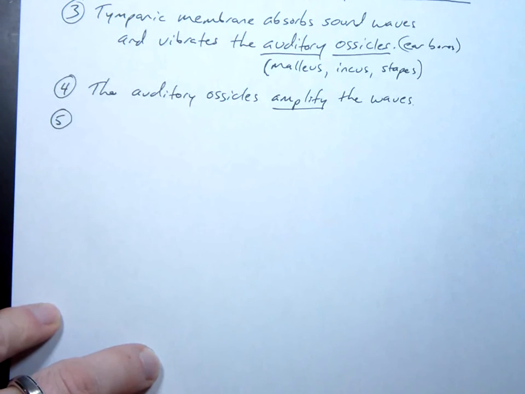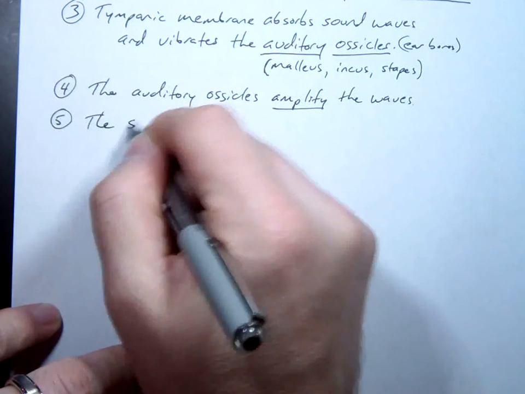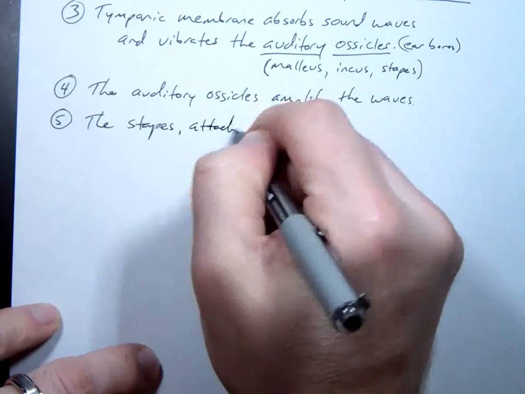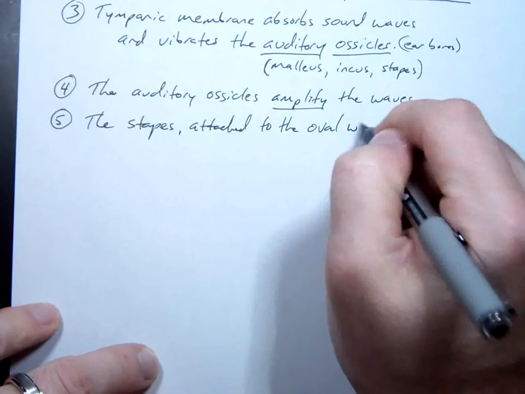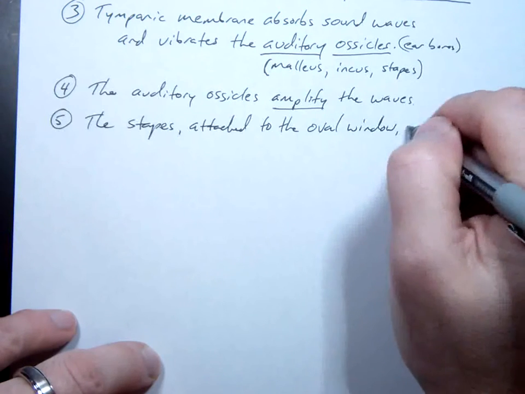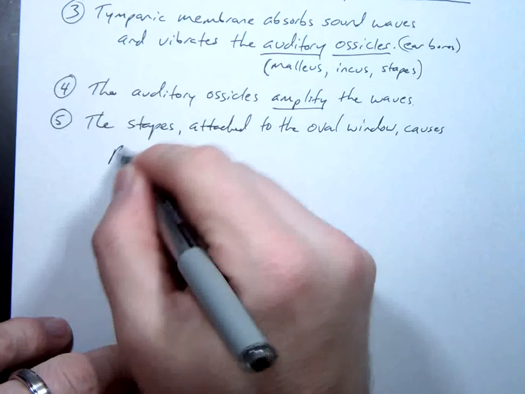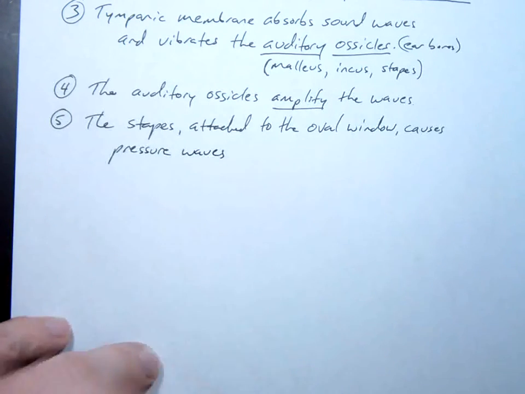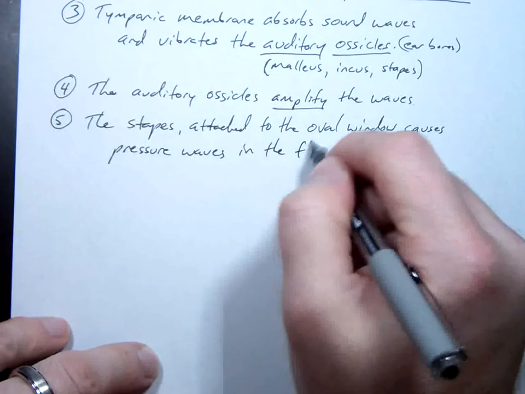The stapes, attached to the oval window, causes pressure waves in the fluid of the cochlea.